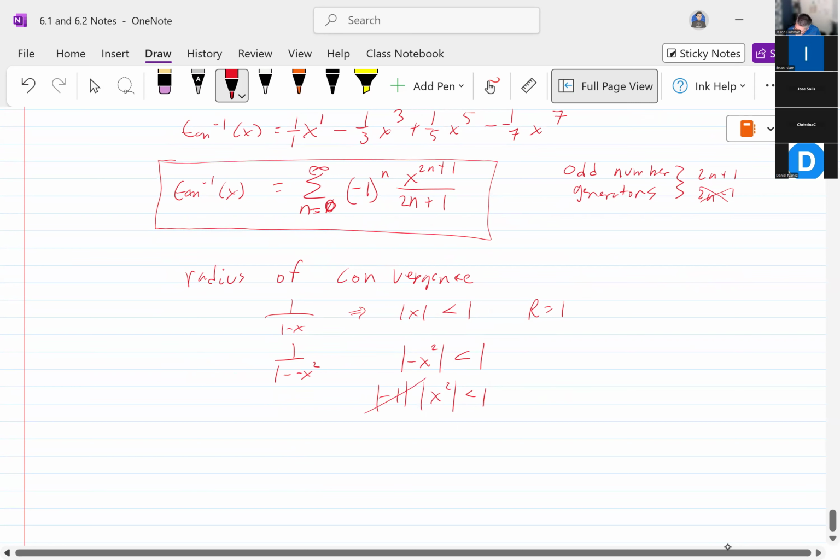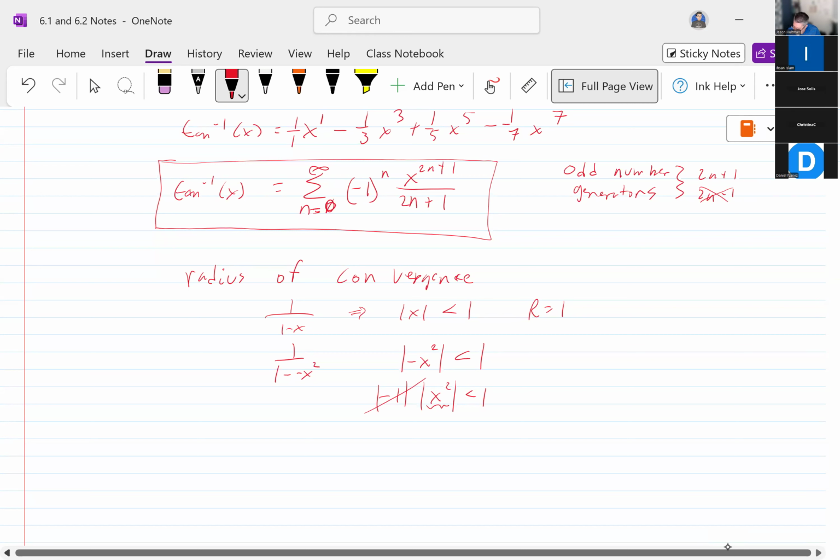The absolute value of x squared is what remains. But isn't x squared always positive? Let's think about what x could be. x could be negative, x could be positive, right? If x is negative, that gets squared, and then we take the absolute value. That's always positive. Regardless of what x is, I'm always going to get a positive value.